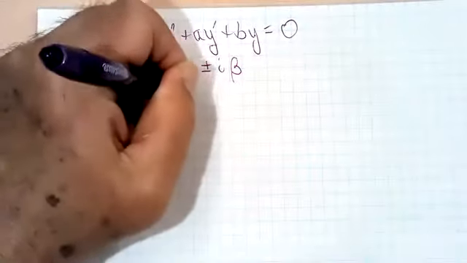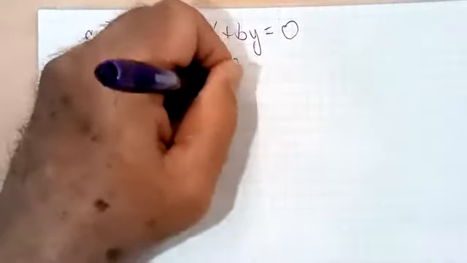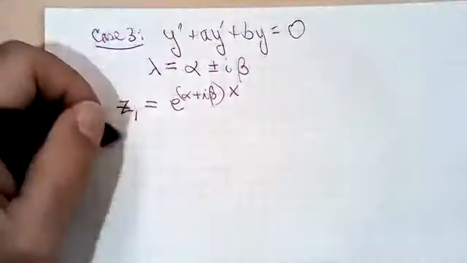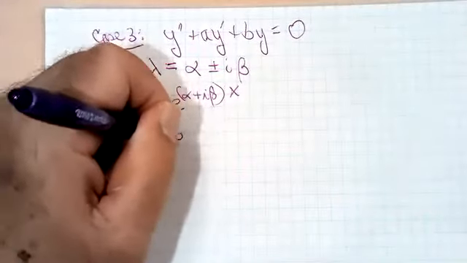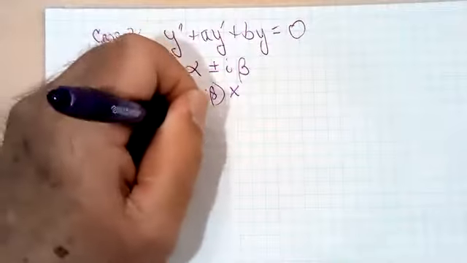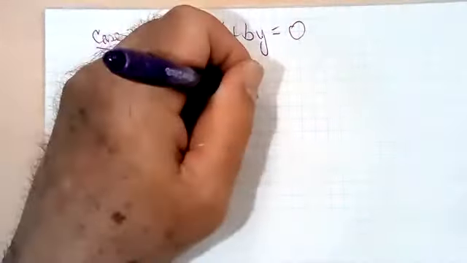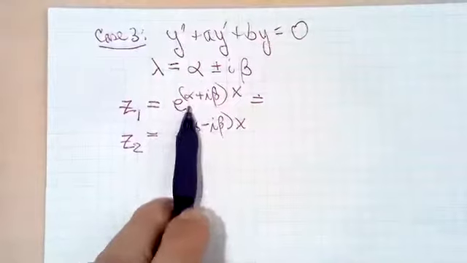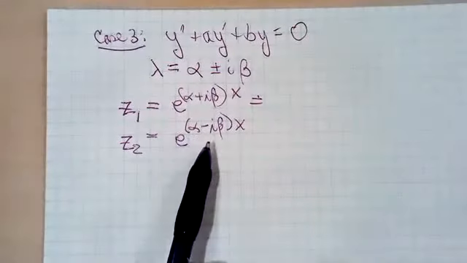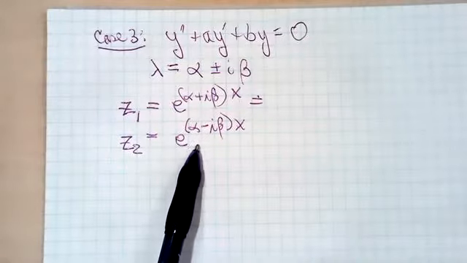e to the alpha plus i beta times x, call that z1, and z2, you call that e to the alpha minus i beta times x, but now you do a little bit of algebra. If you had like 2 to the 4 plus 7, it'd be 2 to the 4 times 2 to the 7, right?